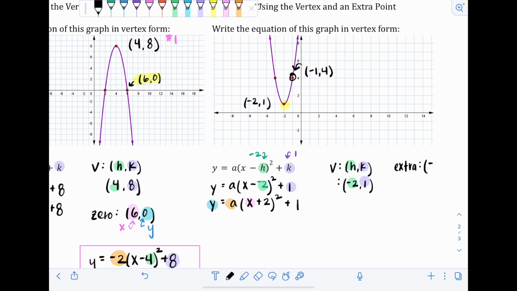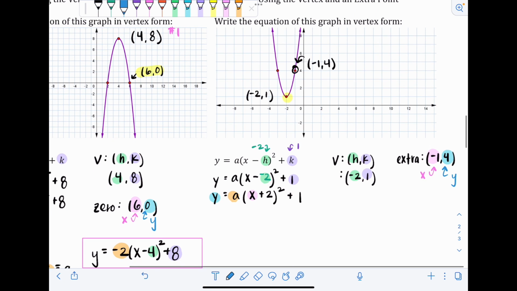So the extra point is (-1, 4), and the -1 is going to go in for x, and the 4 is going to go in for y. So I'll put -1 right here and a 4 right here, and that will allow me to solve for a.